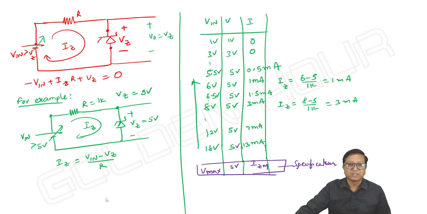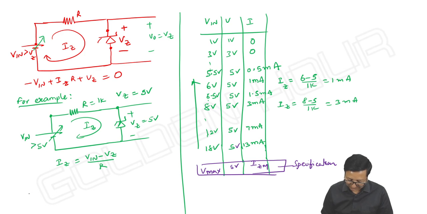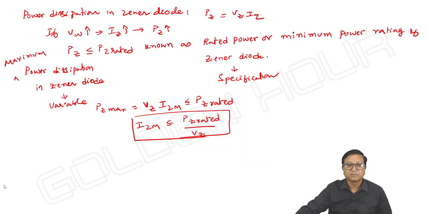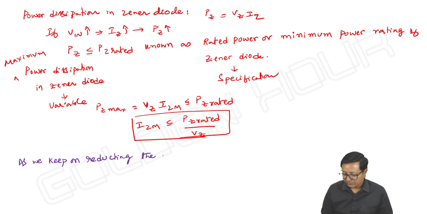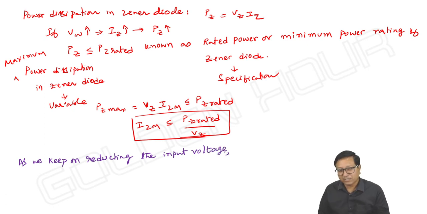As we keep on reducing the input, current through the Zener diode keeps on decreasing.